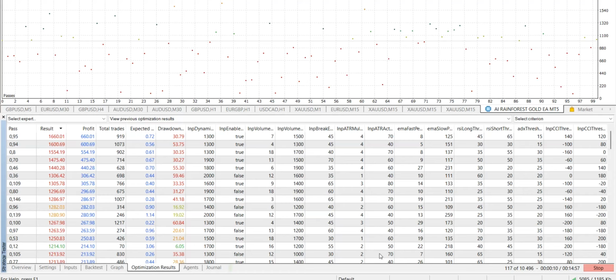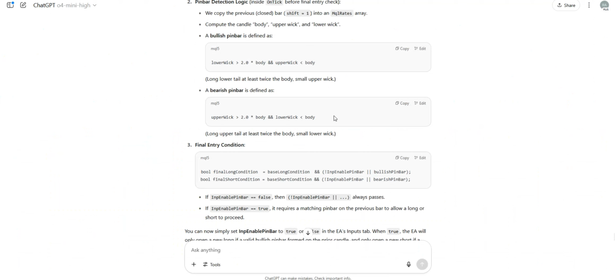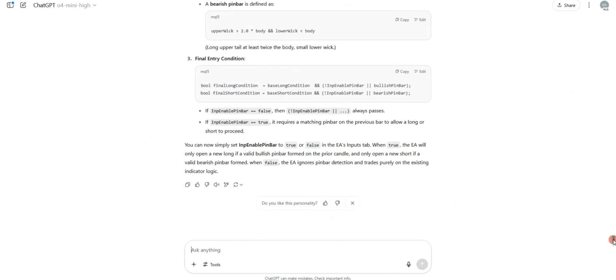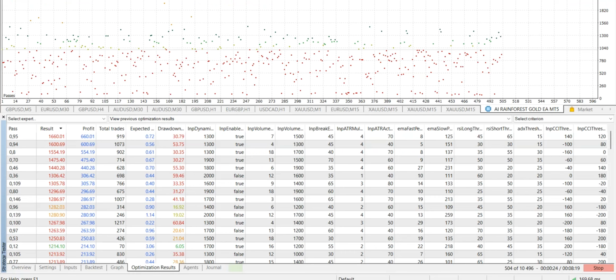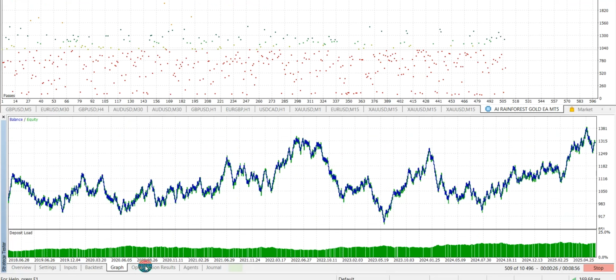As you know, I am only doing optimizations that are not leading to over optimization and curve fitting, so we are not going to run a full optimization, of course, just a smaller one.